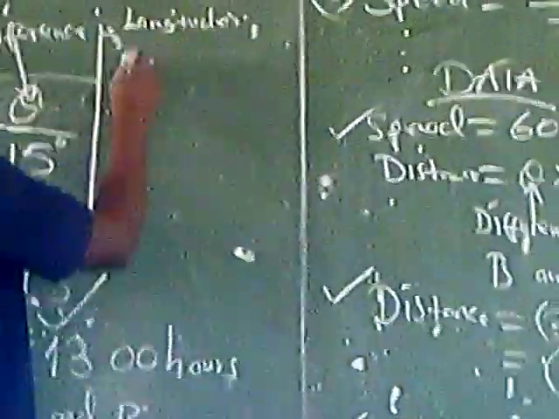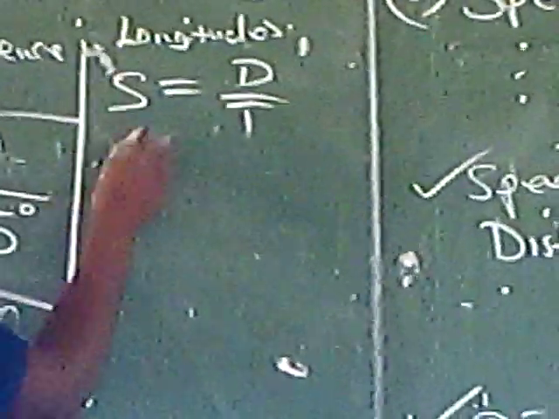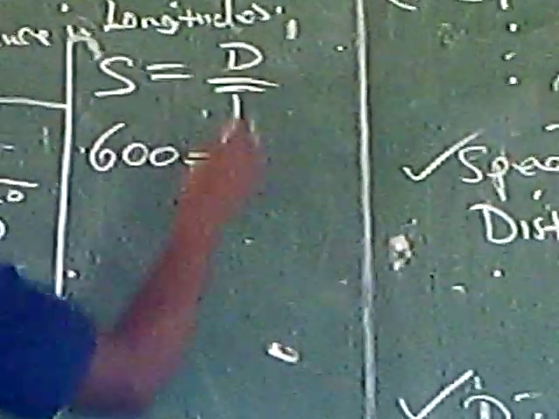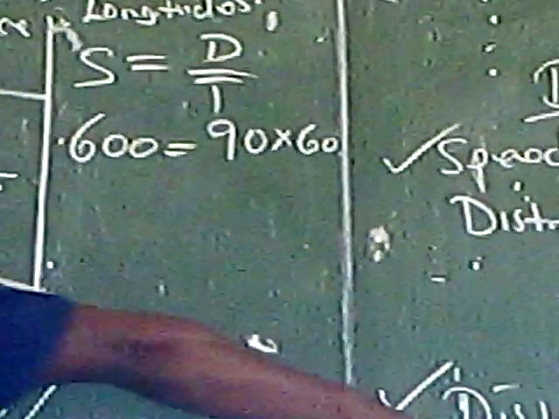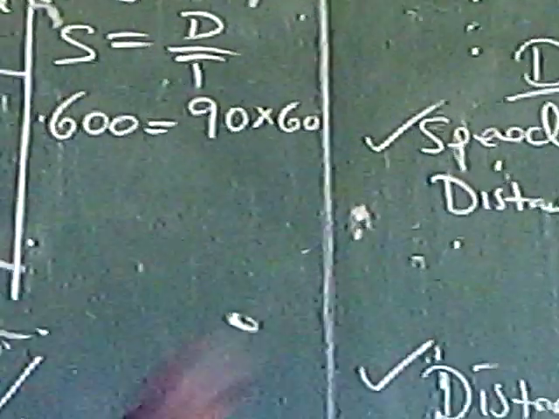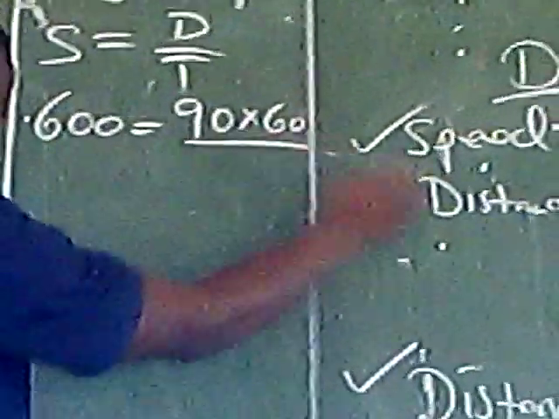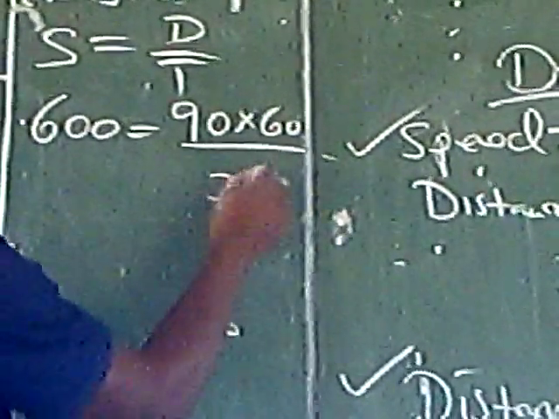So speed is equal to distance over time, where speed is 600. The distance is 90 times 60. I left it like that deliberately for easy computation. Everything is over the time, which I don't know, so I'll simply put x.